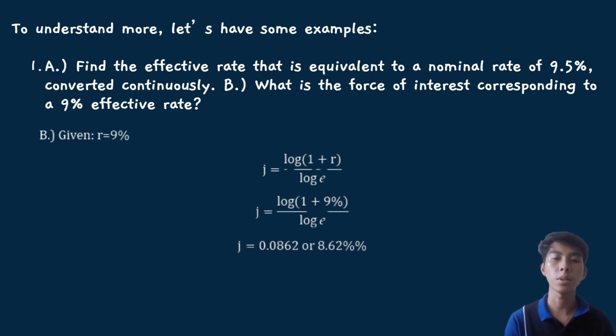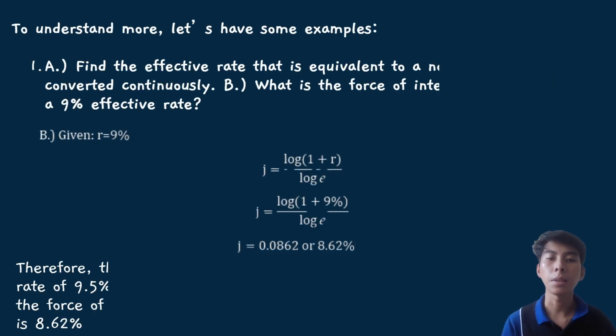We use the formula J equals log of 1 plus R all over log of E. Substituting the given values, log of 1 plus 9% all over log of E, we get 0.0862 or 8.62%.